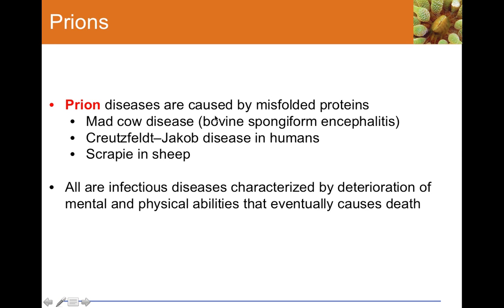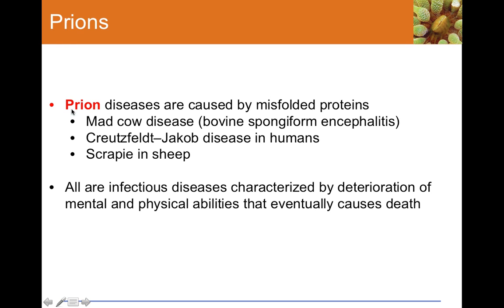We have mad cow disease, or BSE. That's caused by a prion. We also have Creutzfeldt-Jakob disease in humans, scrapie in sheep. Here in our area, we occasionally see a disease called blue tongue, or if you want to make that into a 25-cent word, it's called epizootic hemorrhagic disease, and that I'm pretty sure is caused by a prion as well.